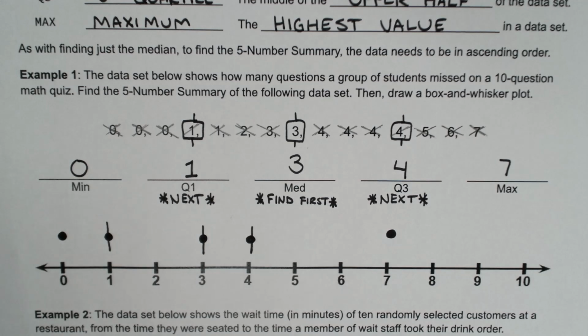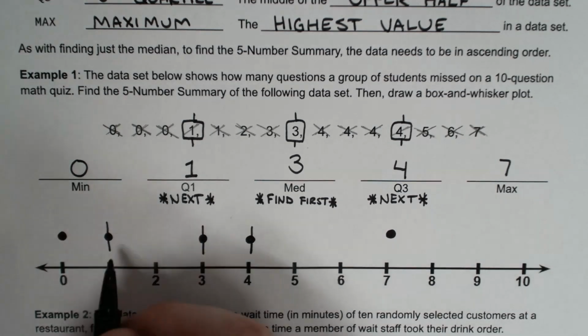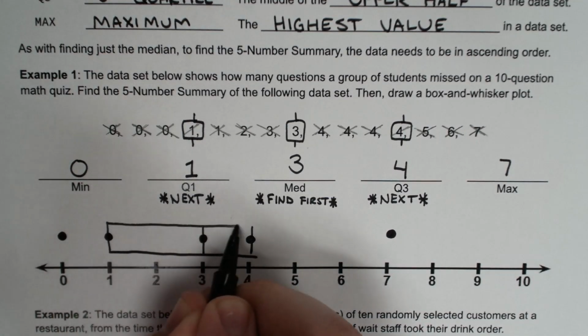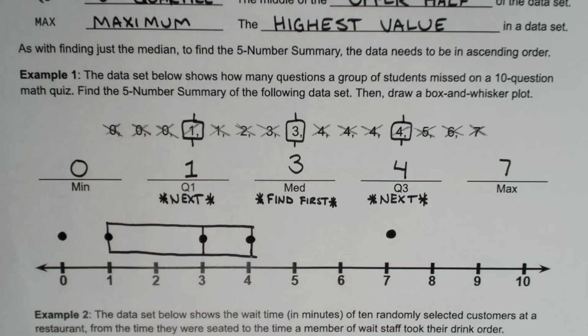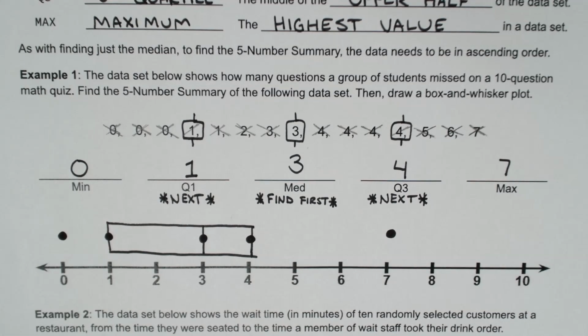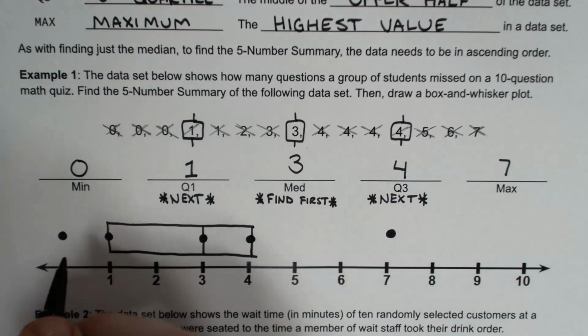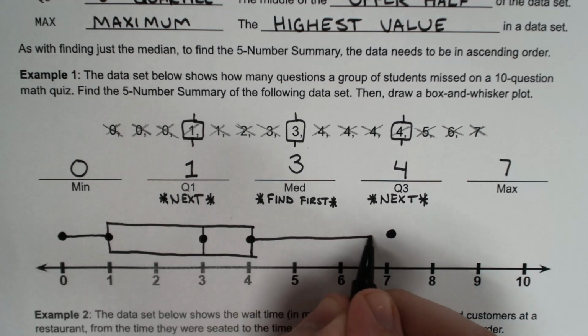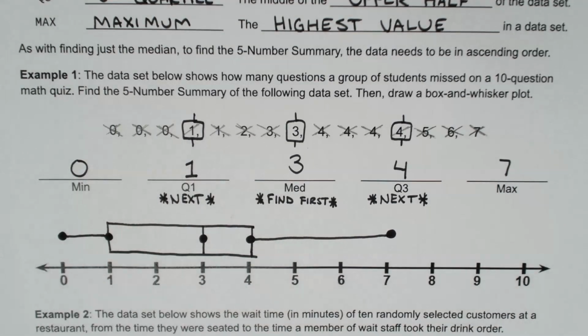Then the box from this box and whisker plot comes from connecting the bottoms of those lines and the tops of those lines. The whisker comes from connecting the minimum up to the Q1 and the Q3 up to the maximum. And that's it. That's the box and whisker plot.